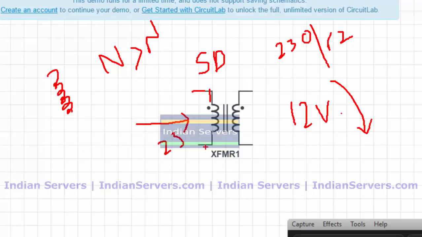Assume that the number of turns for the first coil is N1 and the second coil is N2. Then N1 may be greater than N2 or N2 may be greater than N1. If both coil turns are equal, then the transformer is considered an ideal transformer.